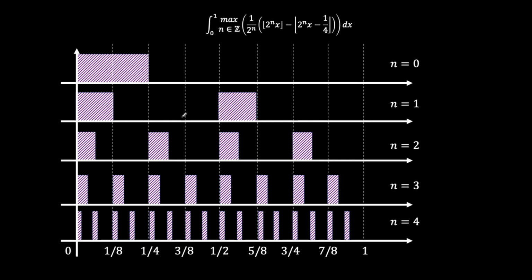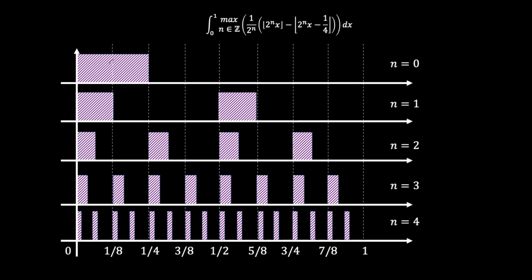So our choice should be that for whatever region from x equals 0 to 1, the lower the integer n, the higher or the more maximum the value is.